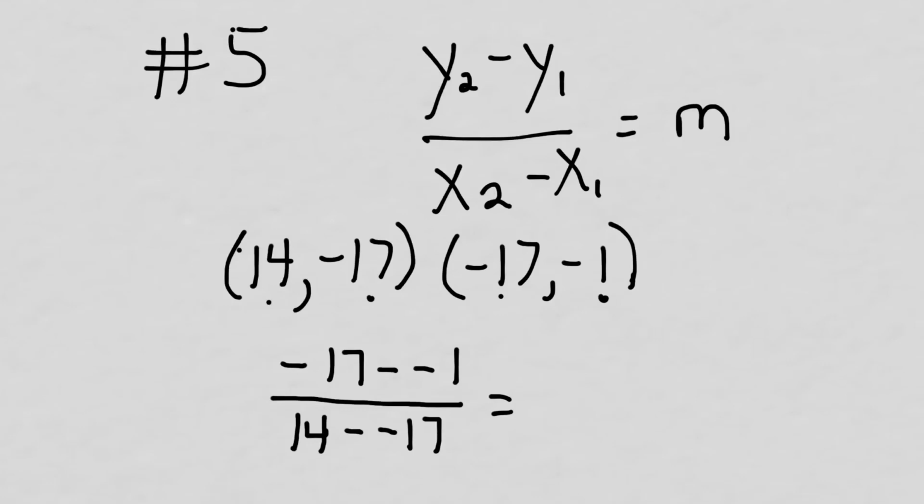I really hope that y'all don't take shortcuts on this, and I hope you put this in your calculator till you get this. This is the same as negative 17 plus 1, which is going to be negative 16. All right. 14 minus negative 17 is 14 plus 17, which is going to be 31. All right. On your answer sheet, that is going to give you a D.